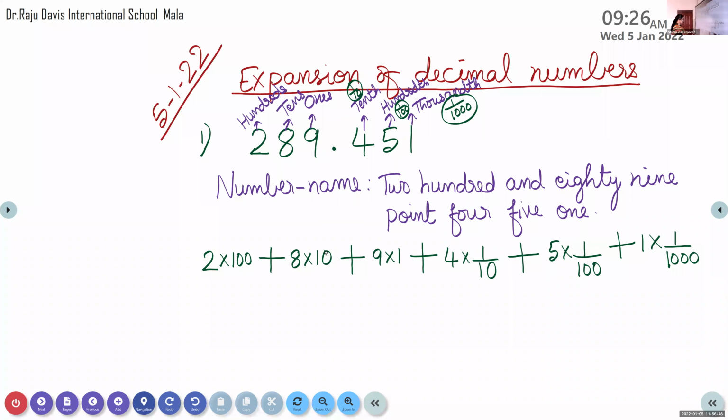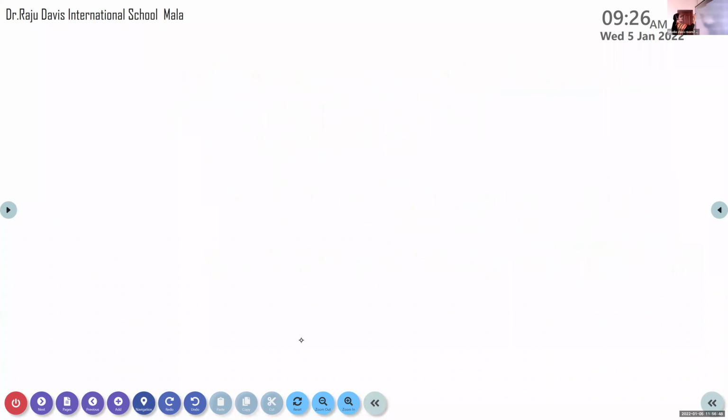Now, next question. Write the expansion of the decimal numbers. You can continue on that page. If space is there, you can continue.